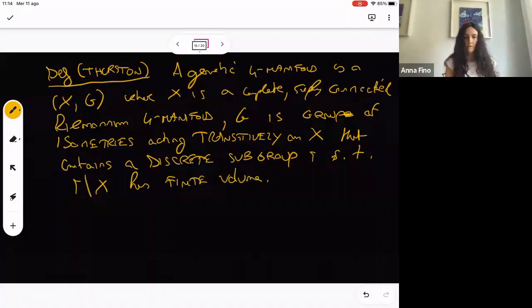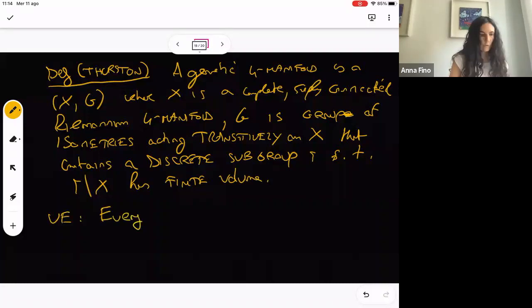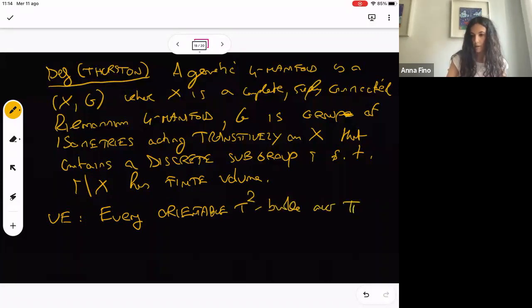So what happens by a result of Ue: if you take every orientable T2 bundle over T2, this is a geometric four-manifold.